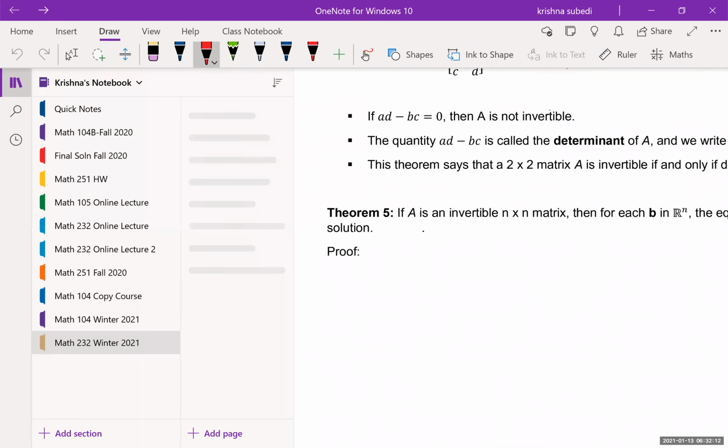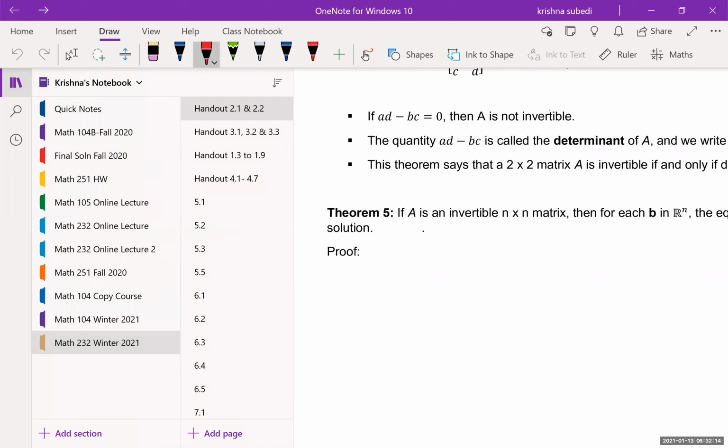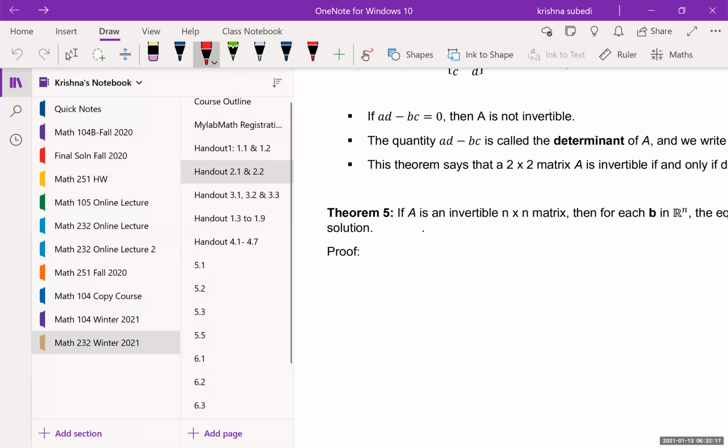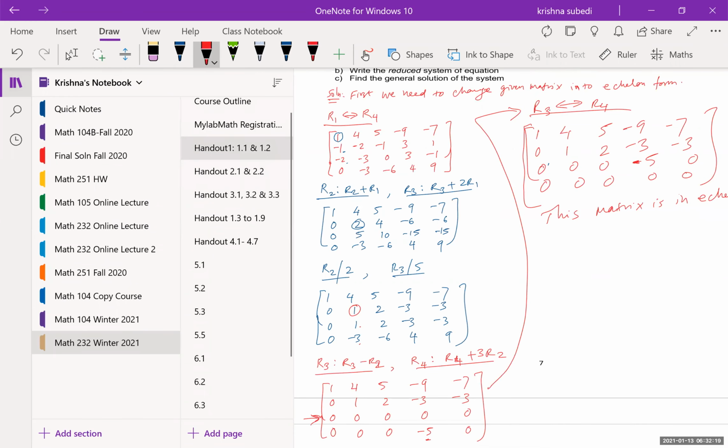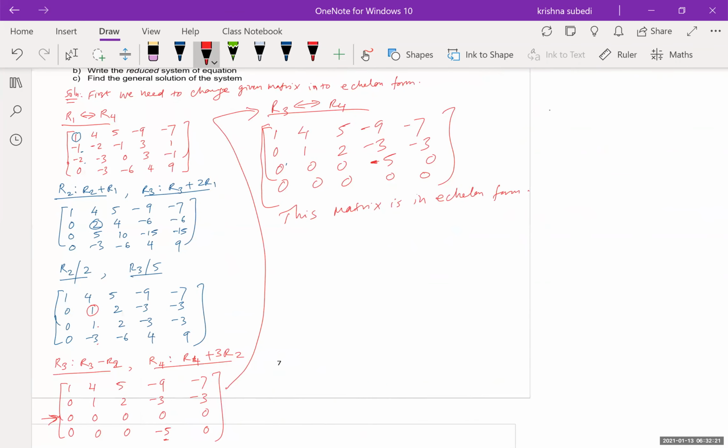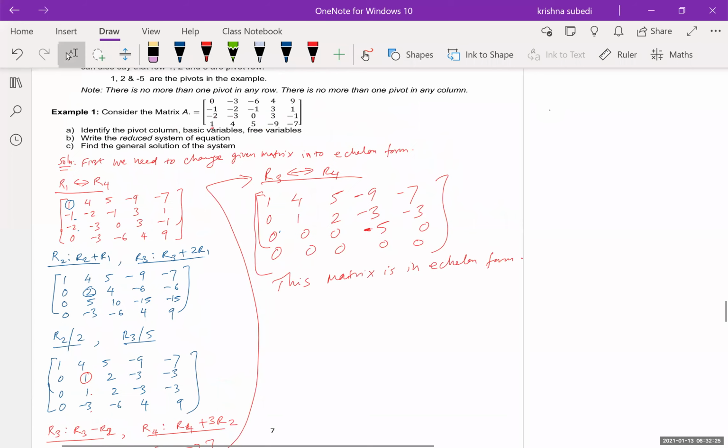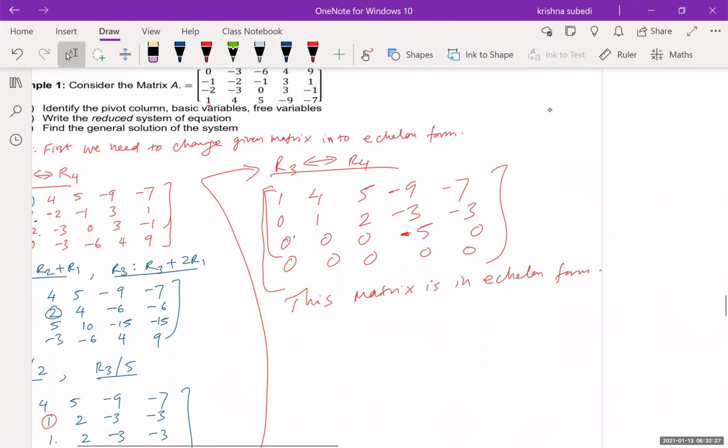Sorry, guys, I pressed somewhere else. Anyway, now let us look at the question, what we are supposed to do. Identify the pivot column, basic variable, and free variable. Identify the pivot. So pivot is this, and this one.